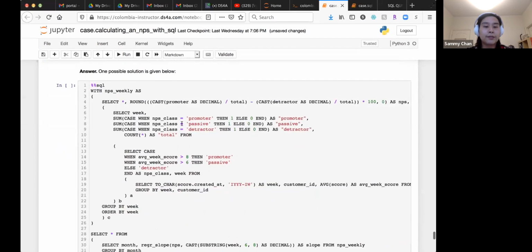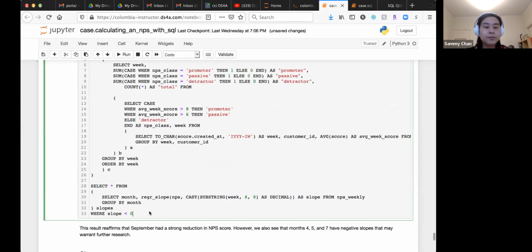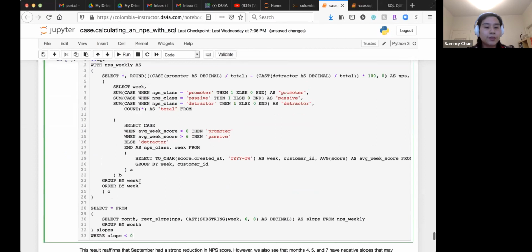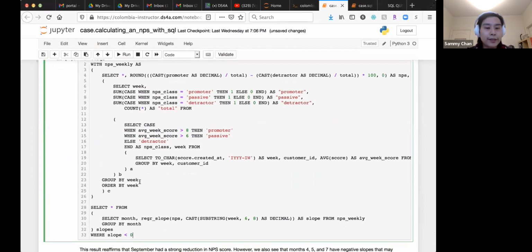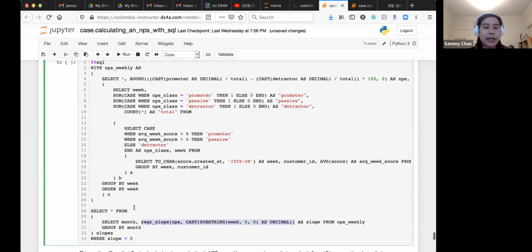So what it does here is calculate the slope. So it takes in the monthly NPS.